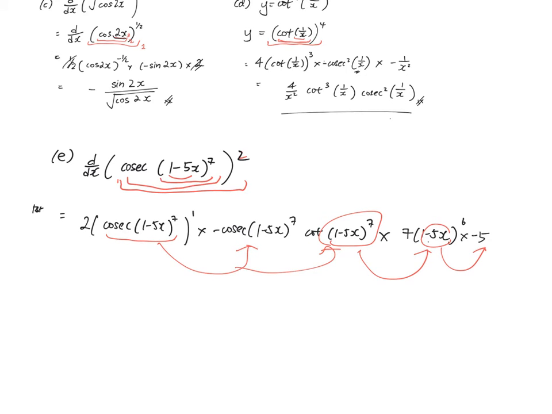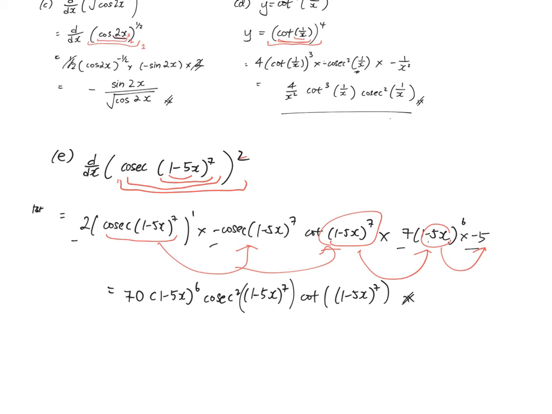Simplifying this, eventually you'll get 70, because 2, 7, negative 5, negative sign, 1 minus 5x to the power of 6, cosecant square 1 minus 5x to the power of 7, cotangent 5x to the power of 7, and we are done.